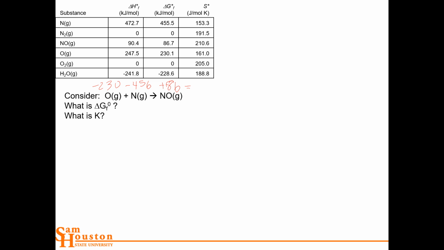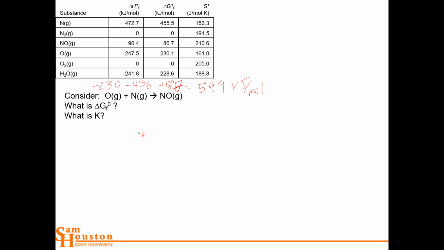Actually, I think I have it right here. 599. Seems a little different. There's a 7. I think it should be 7. Yeah, this should be 87 here. Okay, kilojoules per mole. And so that's our delta G of reaction.